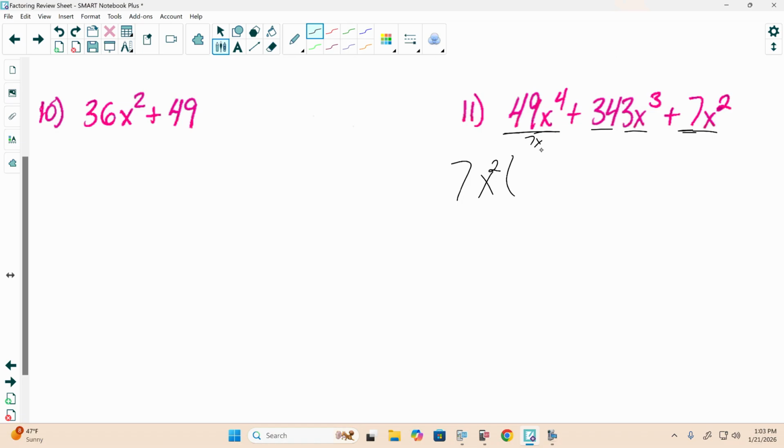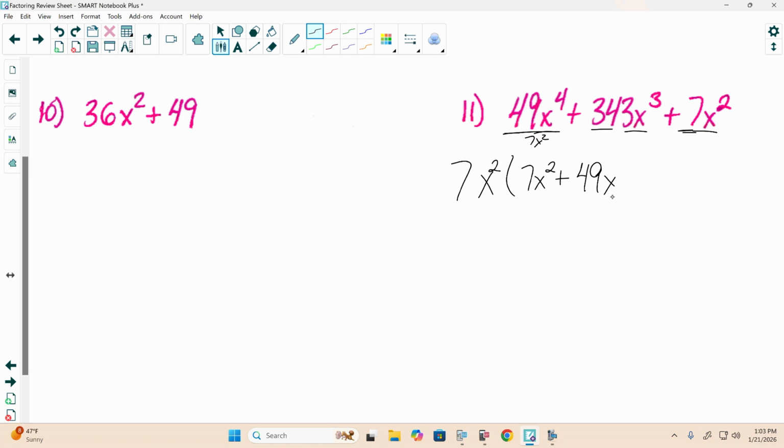If I factor it out of 49x to the 4th, 49 divided by 7 is 7. If I factor the x squared out of x to the 4th, we're left with x squared. Because I'm not factoring out a negative or a sign, it's still going to stay plus. 343 divided by 7 is 49. Our x to the 3rd power is going to become x.